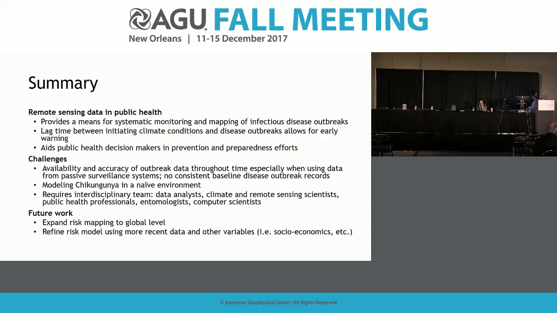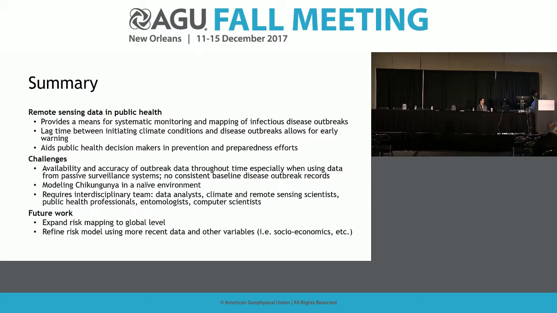And also, modeling chikungunya in a naive environment presents a challenge because most of the population has never been exposed to the disease, so no one has immunity. But throughout time, the disease dynamics will change because some people will have immunity and so on.